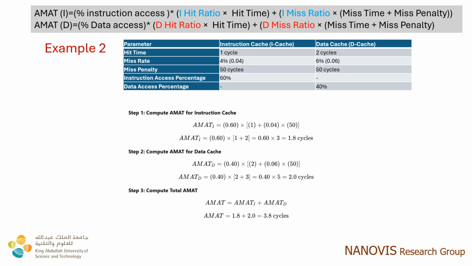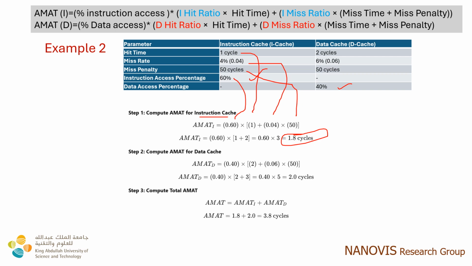Here is example 2. We have instruction cache, 1 cycle hit time, miss rate is 4%, miss penalty is 50, and access is 60% for the instruction and 40% for the data. So for the instruction cache we have 0.6 multiplied by 1 plus 0.04 multiplied by 50, which gives us 1.8 cycles.